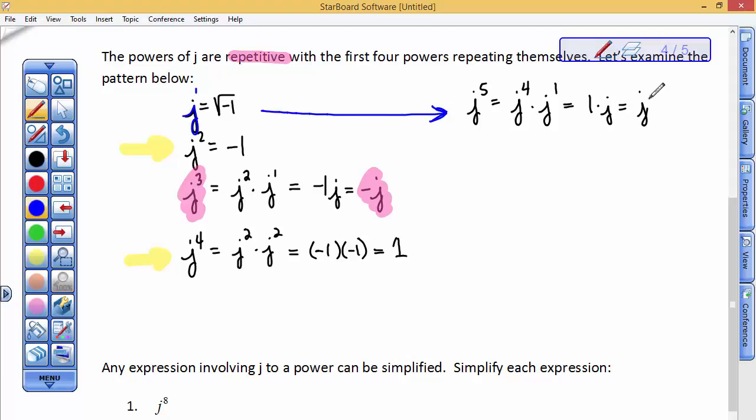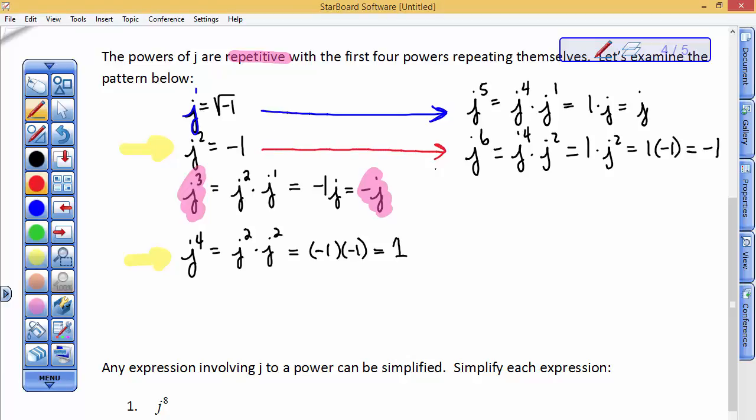J to the sixth would be j to the fourth times j to the second, which is 1 times j squared, and 1 times a negative 1 is a negative 1. So j to the second is the same as j to the sixth. Keep going.